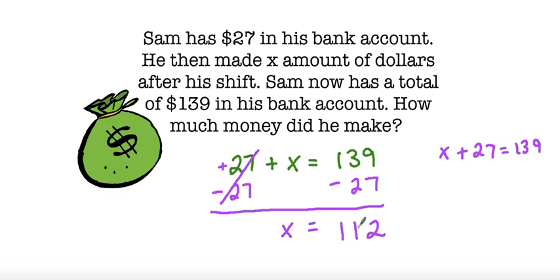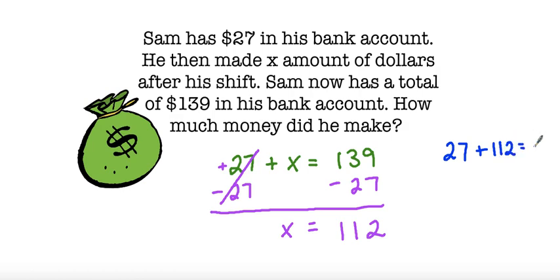So we got 112. And let's go back and see what 112 means in this problem. So it said, how much money did he make? So he started off with $27, and then we found out that he made $112 during his shift, so plus 112.